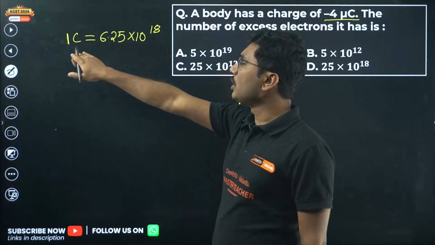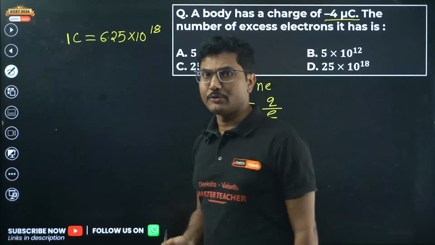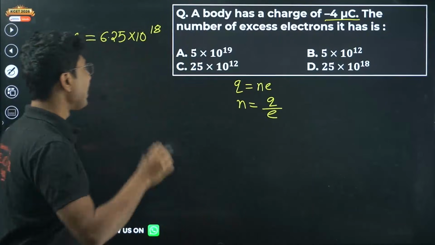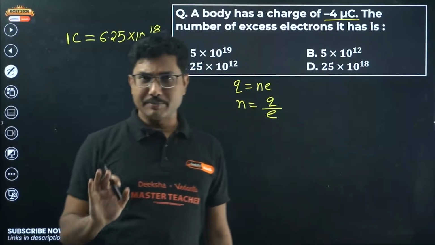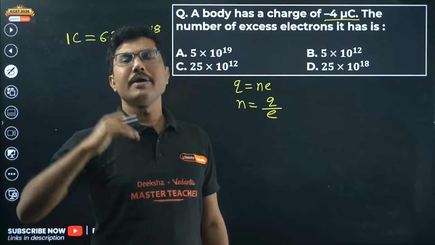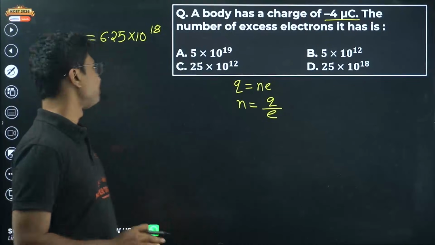So if it is 1 coulomb, it is 6.25 into 10 to the power of 18 electrons, either to add or remove. As I mentioned, if it is positive, you have to remove. If it is negative, you have to add.